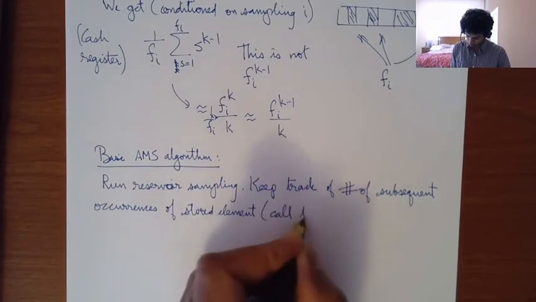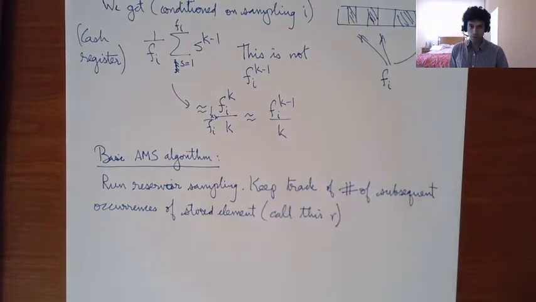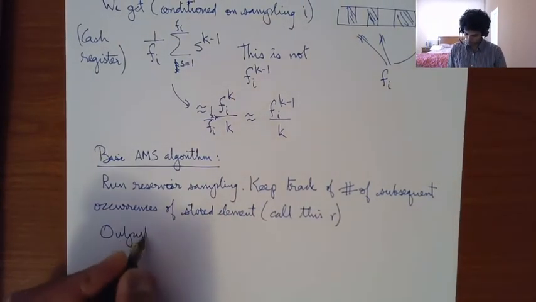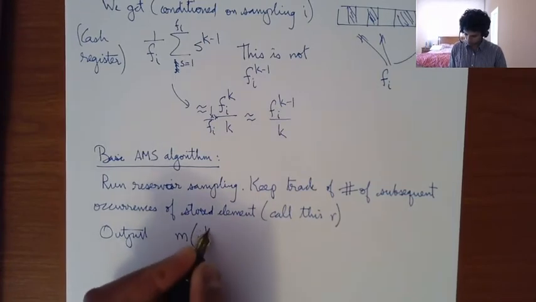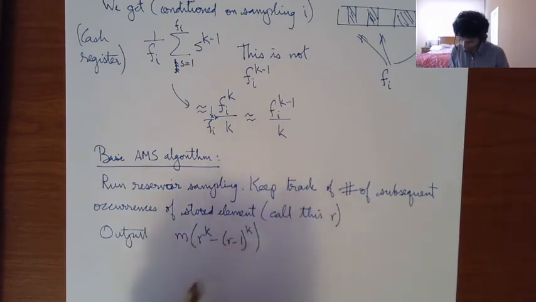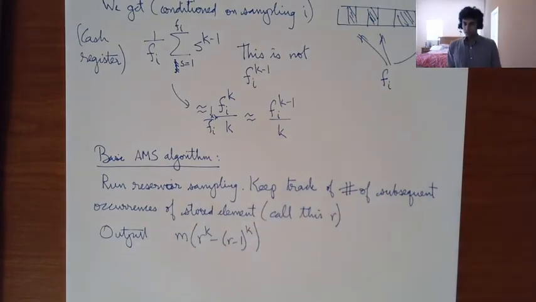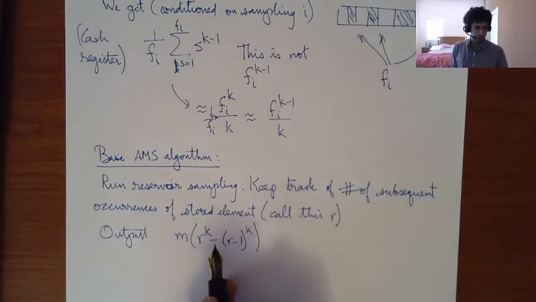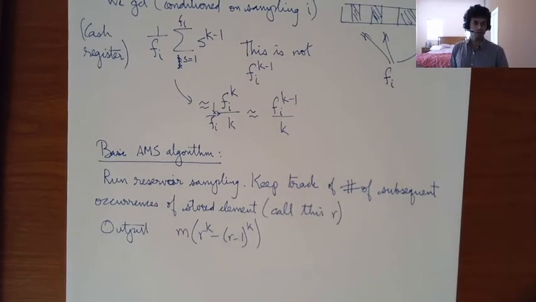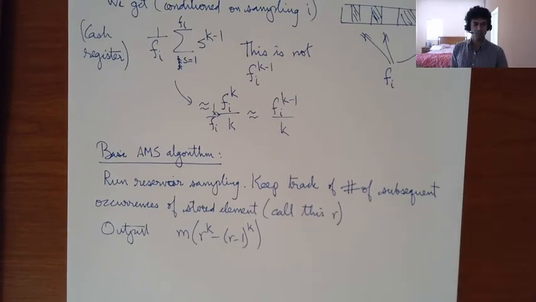And we'll call this R. And finally what we're going to do is just output m times R to the k minus R minus 1 to the k. And this is actually approximately R to the k minus 1. If you write out the binomial expansion, you see it's approximately R to the k minus 1 with a little bit of a fix. And that fix is going to fix this problem.